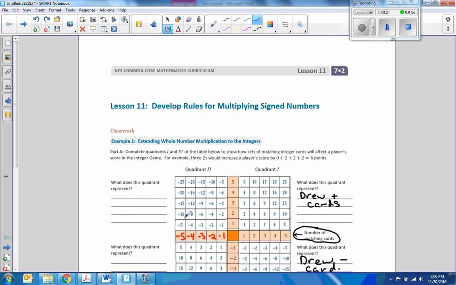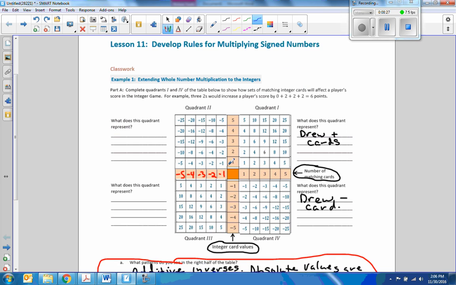First quadrant's positive, because a positive times a positive is positive. Quadrant 2 is negative, because a negative times a positive is negative. Quadrant 3 is positive, because a negative times a negative is positive. Finally, quadrant 4 is negative, because a positive times a negative is negative.